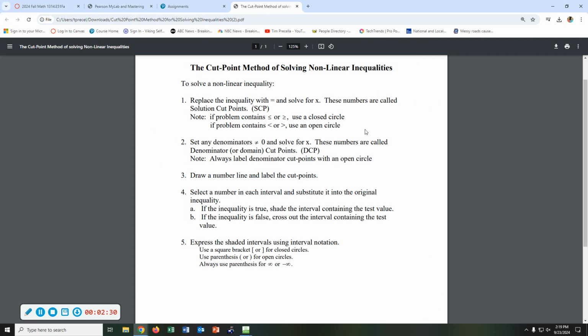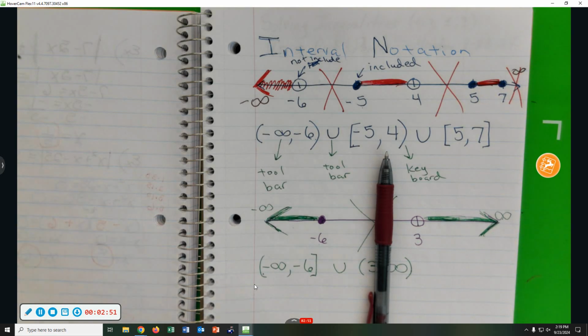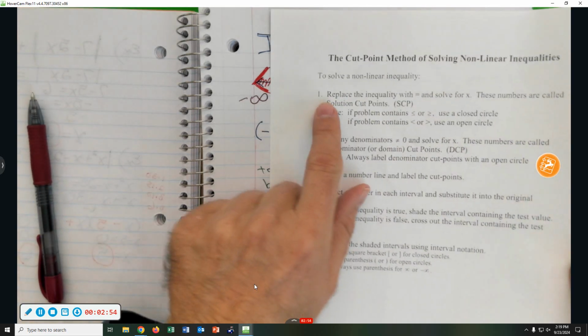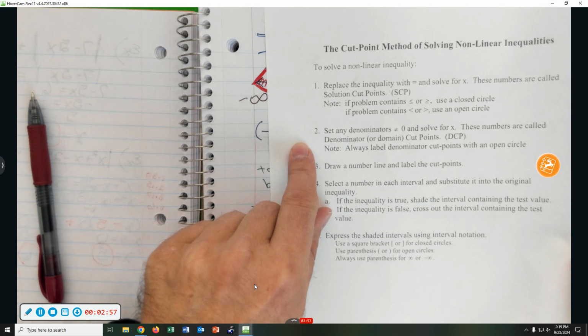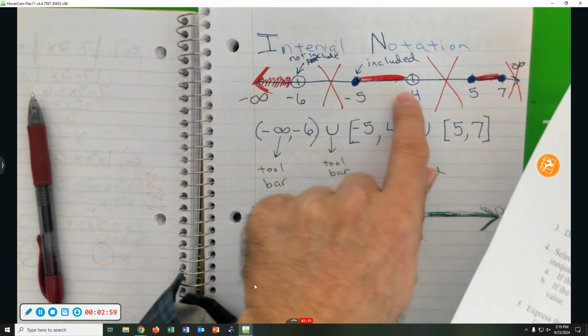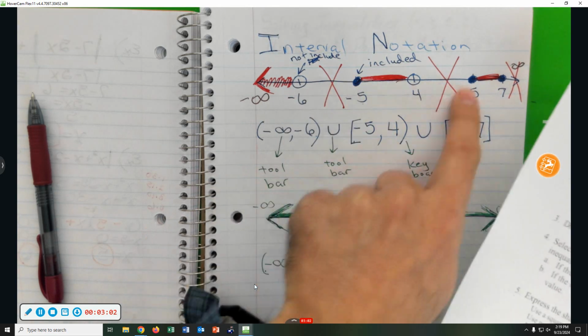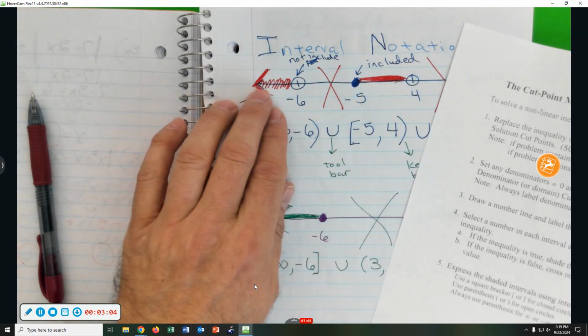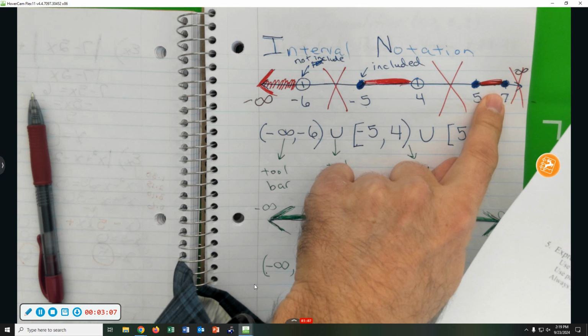Okay, and this little recipe, what we're going to do is draw a number line. Label numbers on the number line. We call those cut points. The first 2 steps here tell us how to find these numbers on the number line that we call cut points, and then how to label them with open or closed circles.